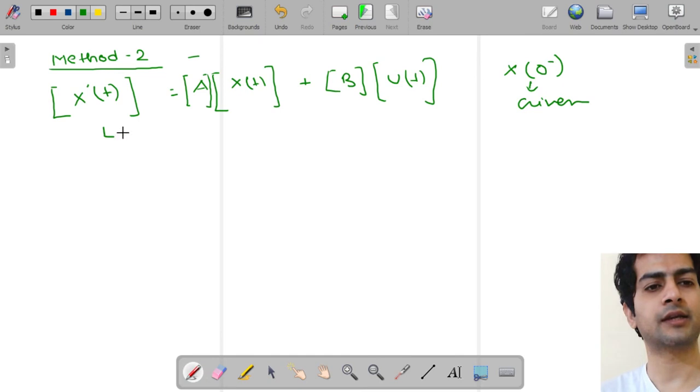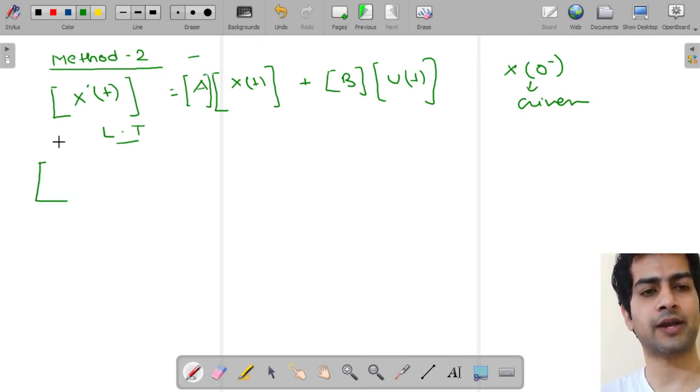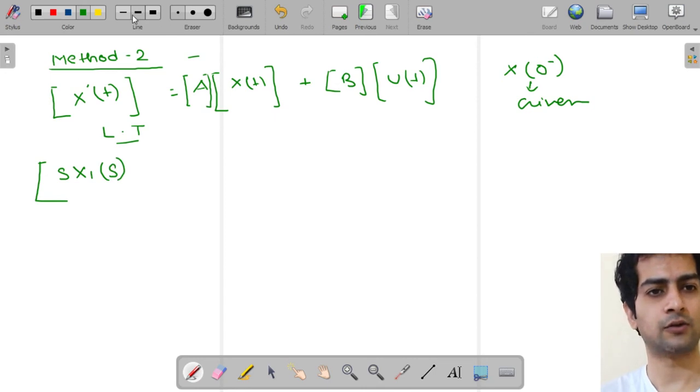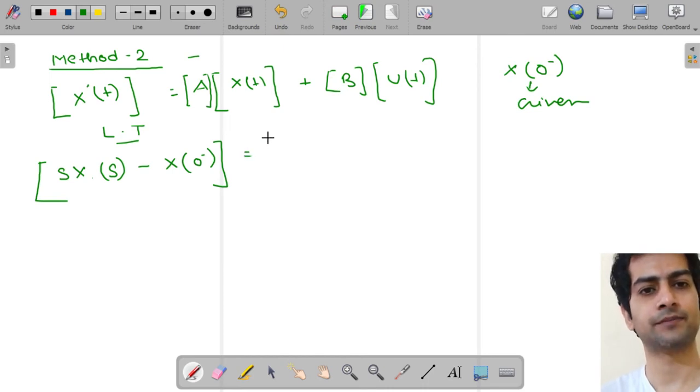Now, if we take a Laplace transform, then what we will get? See, we are not expanding it. We are not taking it out of matrices. Everything which we are doing is inside matrix only. So we will get s X(s) minus initial condition. Don't write x1, because here I have not taken x1 or x2. So let's write it simply as X(s) minus initial condition. It is inside a matrix only.